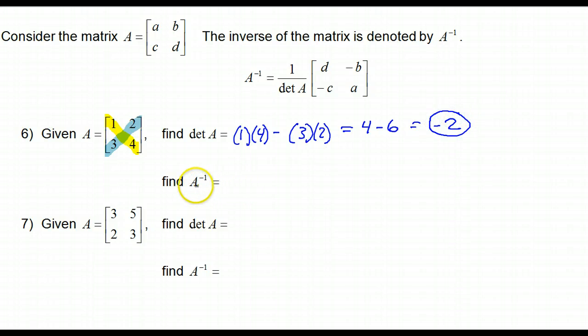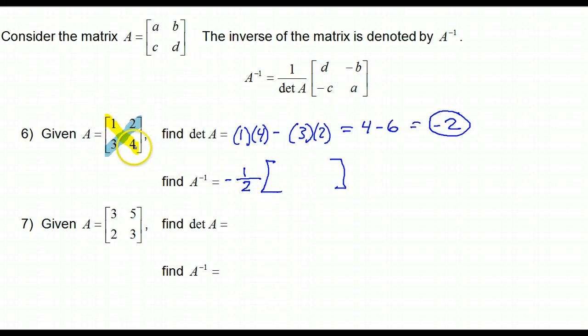Now, if I want to find the inverse of a matrix, the first thing I do is I need the reciprocal of the determinant. So instead of -2, I'm going to have -1/2. I did the reciprocal. And then I have to do that little pattern that we were practicing, where the down diagonal is reversed.